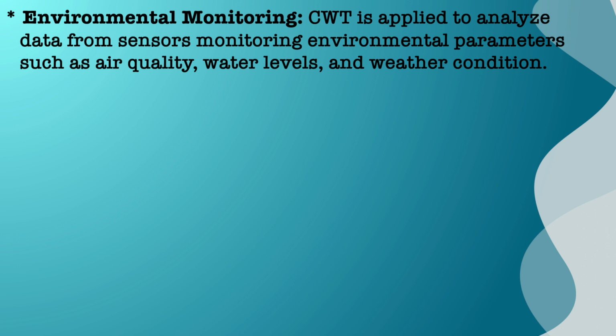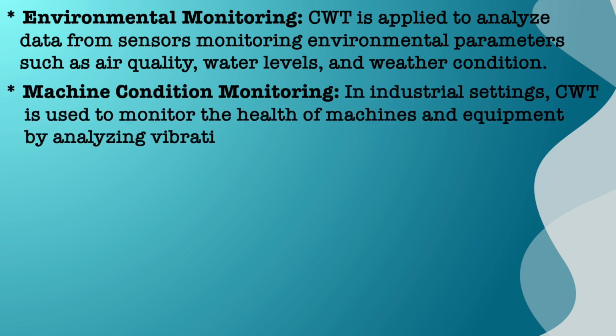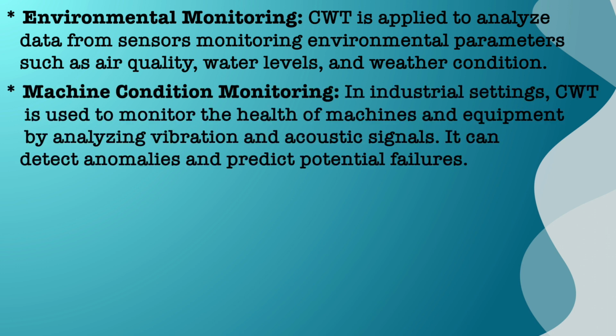The next application is machine condition monitoring. In industrial settings, CWT is used to monitor the health of machines and equipment by analyzing vibration and acoustic signals. It can detect anomalies and predict potential failures.